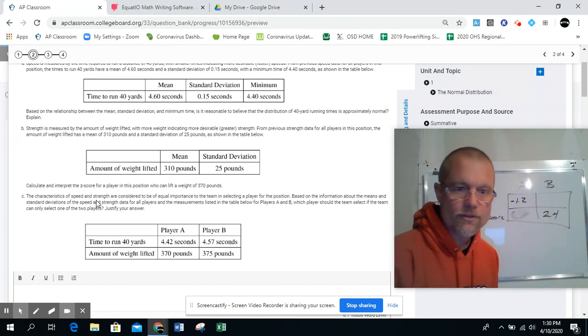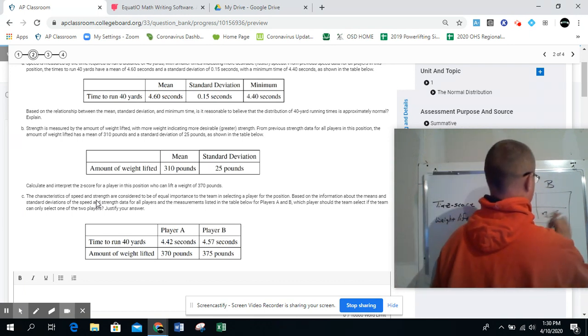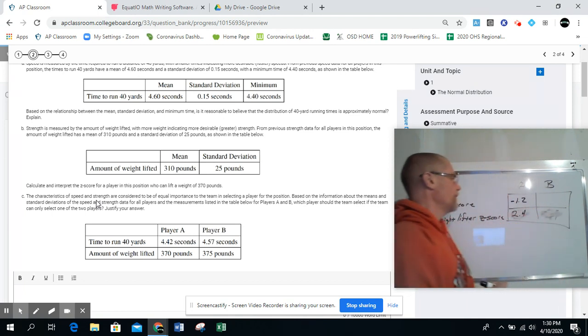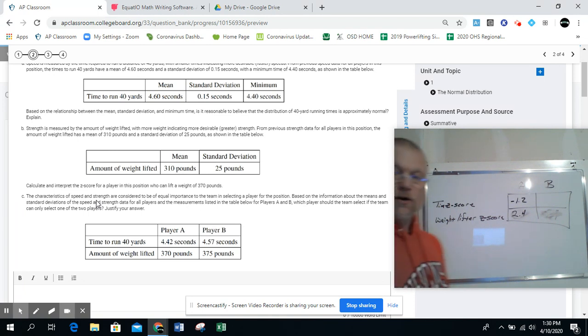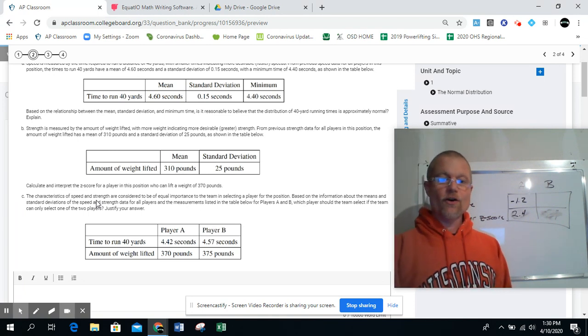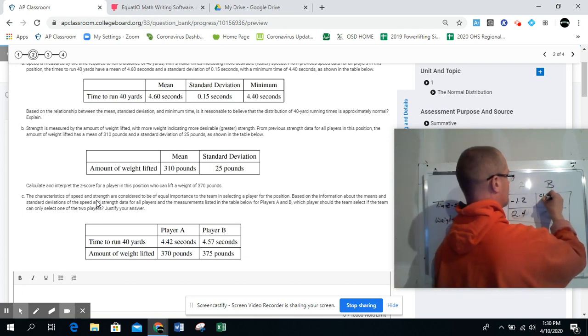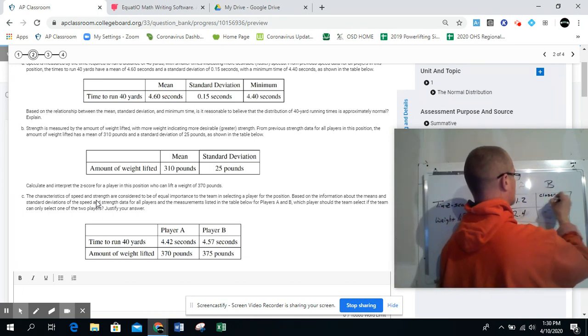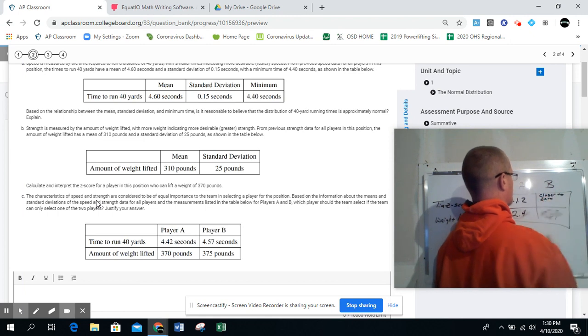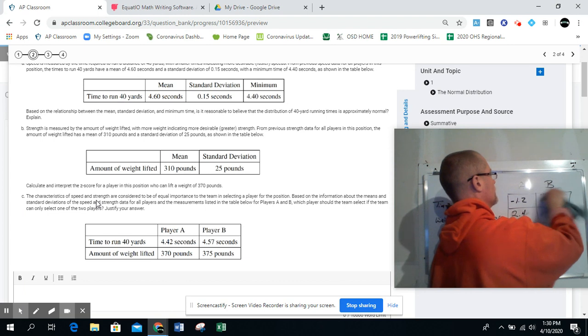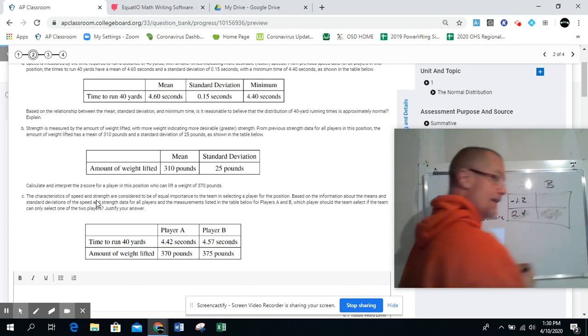Player A was 2.4. Now, what we can say is that we know for sure, without even calculating it, that this number is closer to 0 than negative 1.2. But let's actually calculate what that score is.